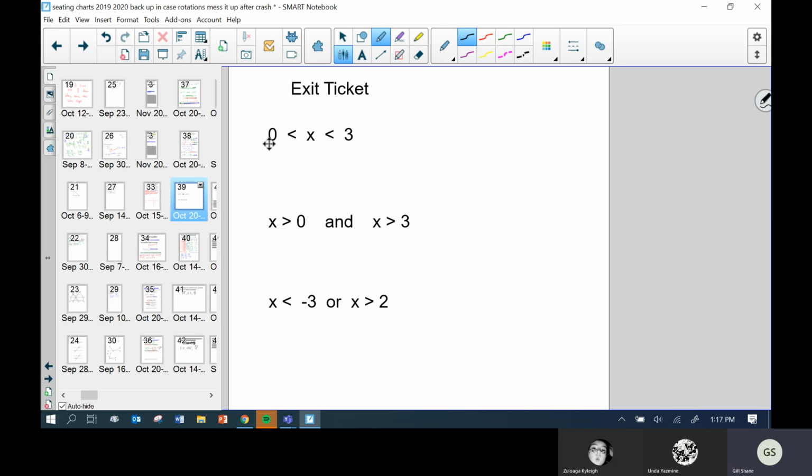Remember I told you there was one "or" that looks exactly like that one problem we were going over at the time, so that's that one. Again, for this top one, similar to when we spent $5, this is like you only had $3 going into the store. You're going to say, x is greater than 0. How does that look? It'd be every number to the right of 0. x has to be less than 3. That'd be every number left of 3.